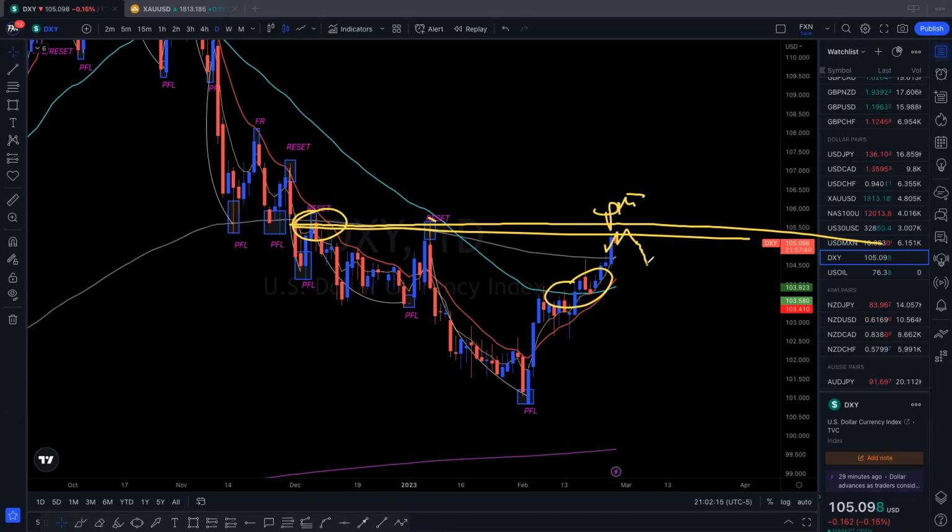And then next week, let's say we have non-farm payroll on Friday, right? If non-farm payroll is not what they expect, then guess what? It'll cause a reset to happen, and then price will keep going higher.